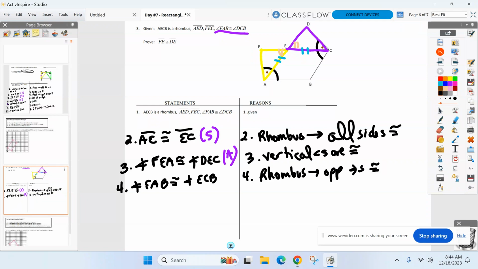Then do your subtraction substitution. Go ahead. The bigger angles in the givens.